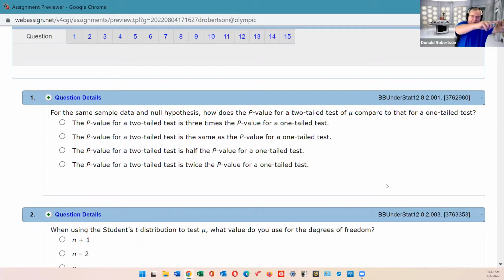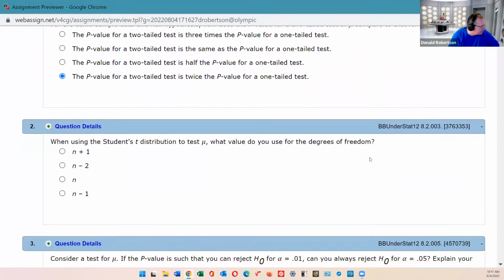Visually, can you imagine you've got your normal distribution that goes like that. You're going to have 2 sides when it's not equal to. It could be bigger than, it could be less than. That makes it twice the size. So the p-value for a 2-tailed test is twice the p-value of a 1-tailed test.